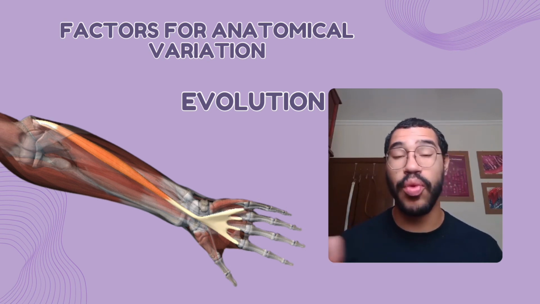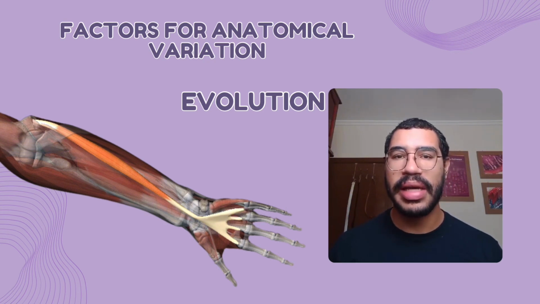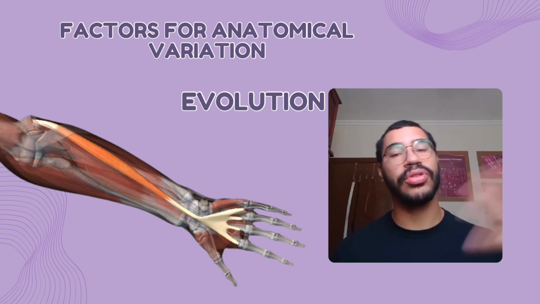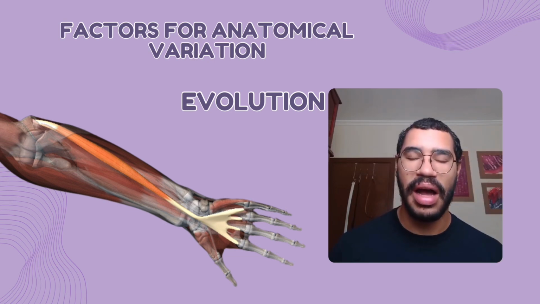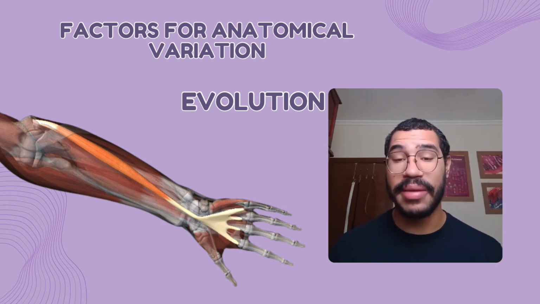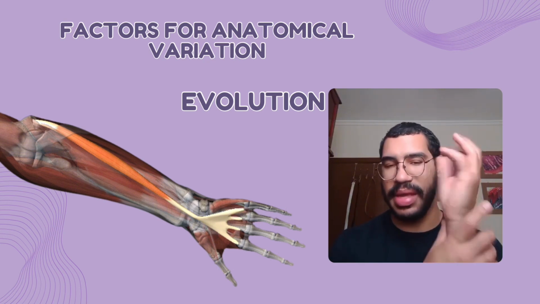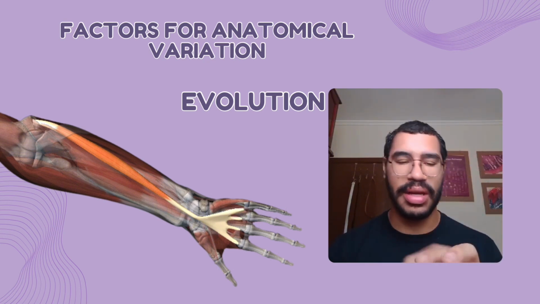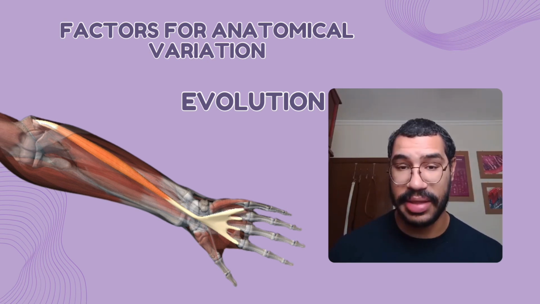But this is when anatomical variation comes to the table, because whether having it or not, people can still flex their wrist. And why is that? Because we have other structures in our body, in this region, in our hands and forearm, that help us do the same task.